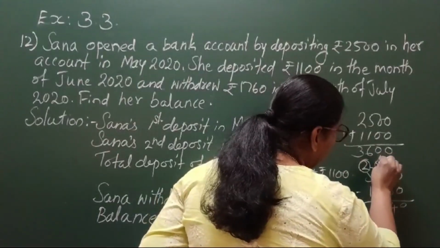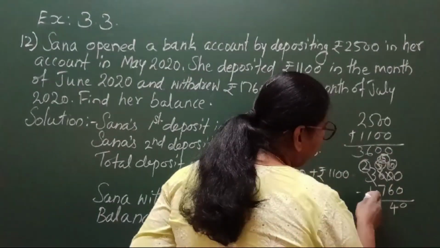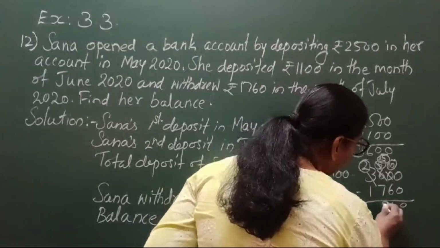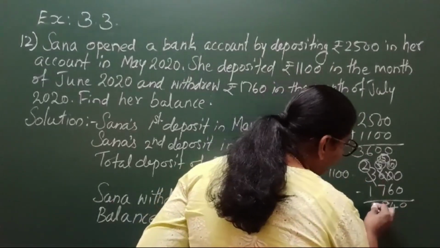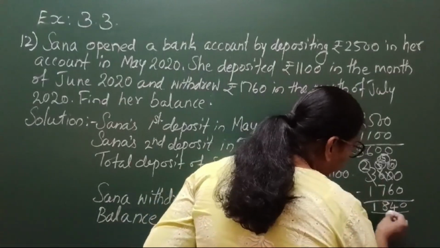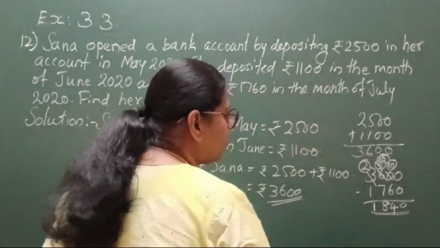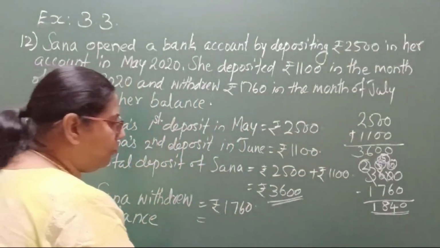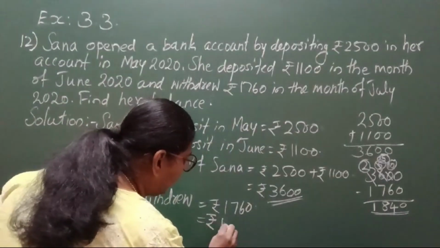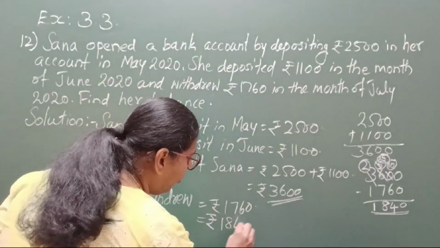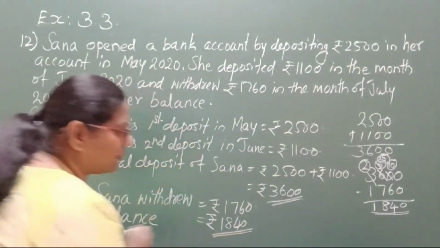This 5 becomes 15. 15 minus 7 is equal to 8. Then here remaining 2. 2 minus 1 is equal to 1. So our answer is 1,840 rupees. So balance is equal to 1,840 rupees.